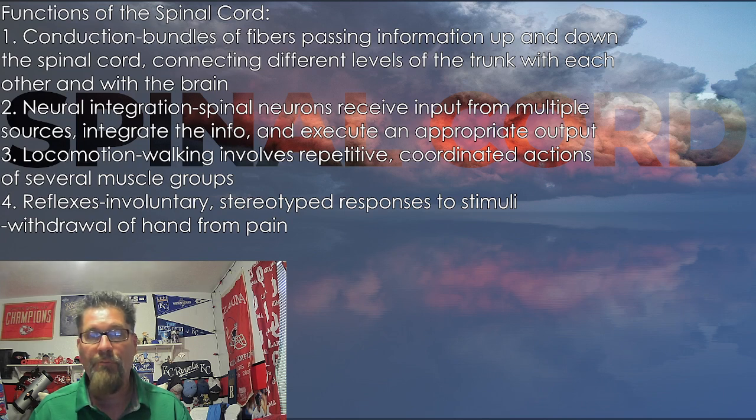If you've got to pick your foot up real quick because you just stepped on something, the brain says, man, we got to get off of that. There's reflex processes for your other leg and maybe even your arms to go out to help with balance, so you don't fall over. But think about locomotion.